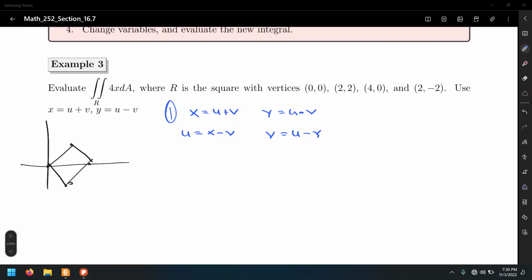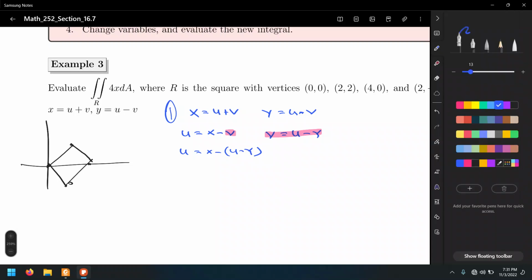So right here I'm going to substitute this v, which is u minus y, into u equals x minus v. Let me highlight it so you can see. That's u minus y.